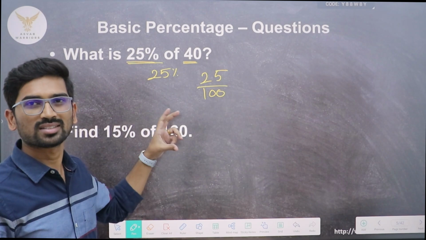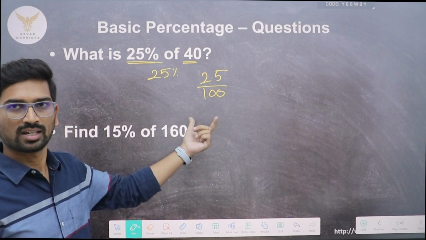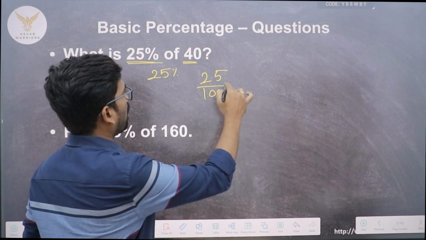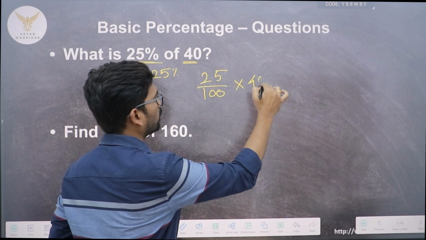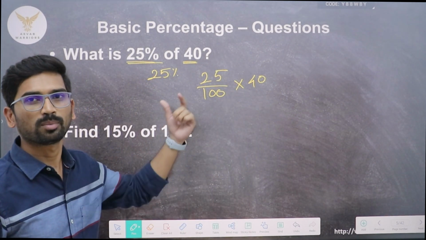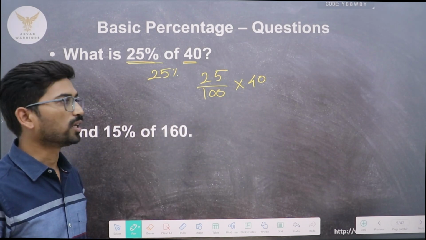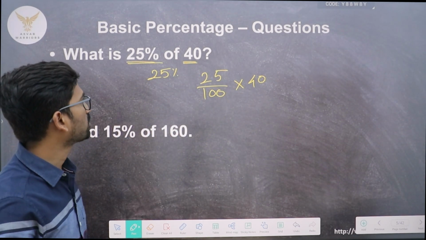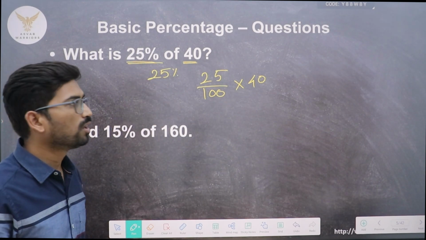We know that a percentage is a ratio in which the whole is 100. So 25 divided by 100 out of 40, how much will it be? We multiply this fraction with 40.